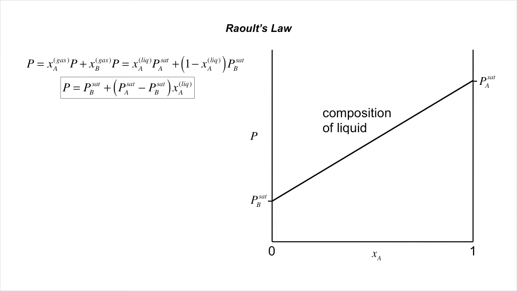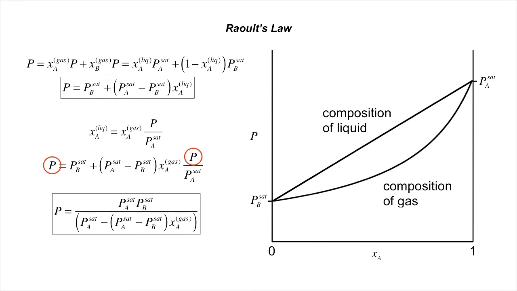This is the liquid saturation line. Meanwhile, if we again use Raoult's law to express XA liquid in terms of XA gas, we get the relationship shown here. Isolating pressure, we get a curved line extending from PB sat to PA sat as XA gas goes from 0 to 1. This is the saturation line for the gas.